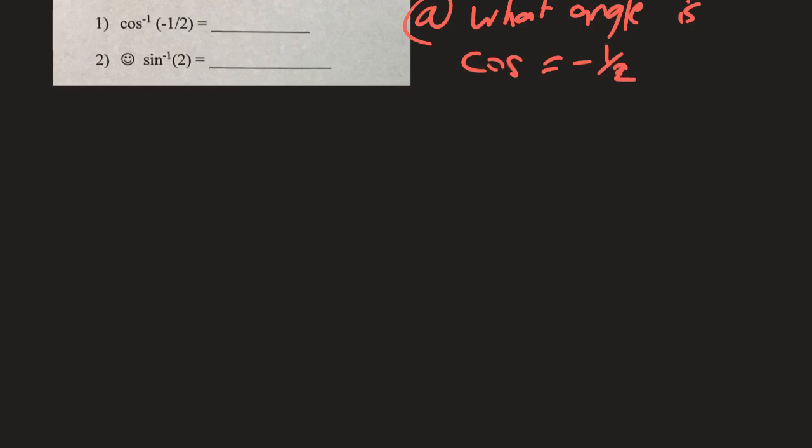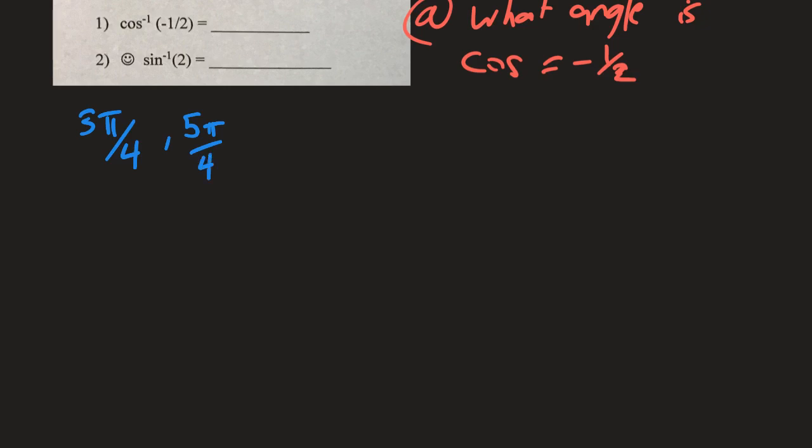Well, we can go back to our unit circle and we can find two angles where the cosine equals -1/2. Okay, so those two angles for number one are going to be 3 pi over 4, and we're going to have 5 pi over 4.